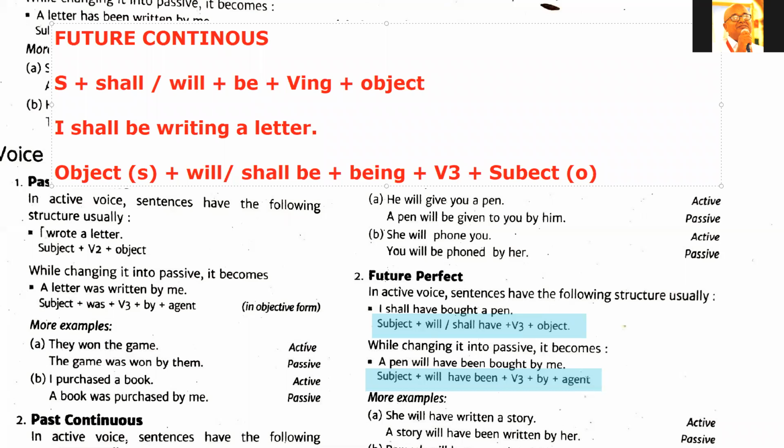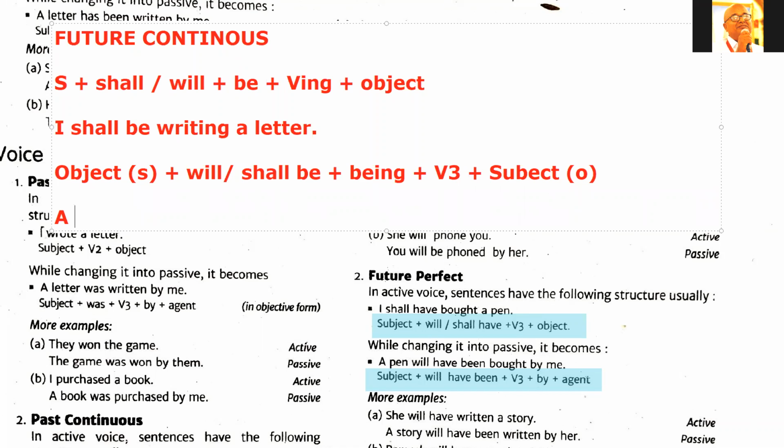Now applying this rule, a letter shall be being written by me. A letter shall be being written by me. So this is the passive construction of that.